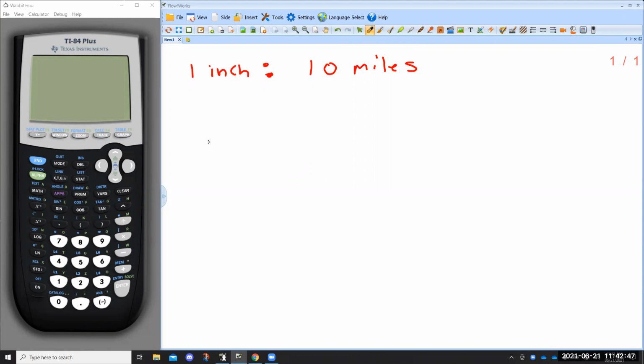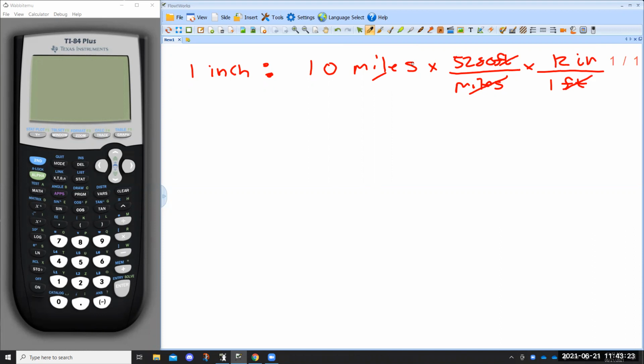And so let's make this miles. So this is times, so miles are on the bottom, 1 mile, and this is 5,280 feet times 1 foot is 12 inches.